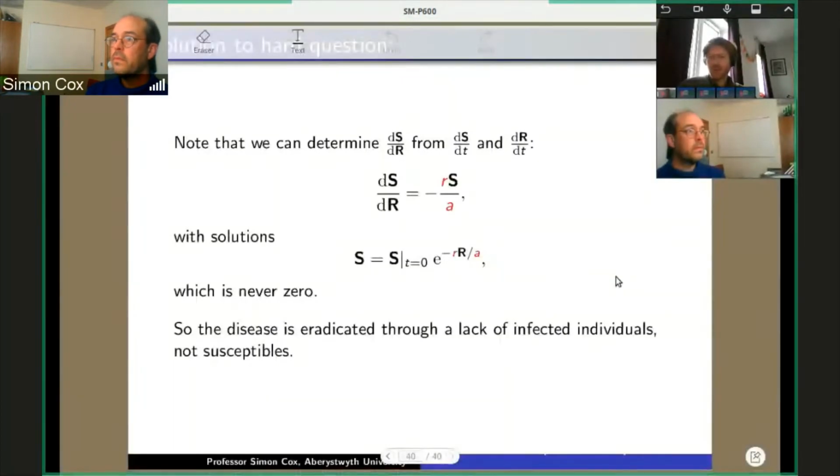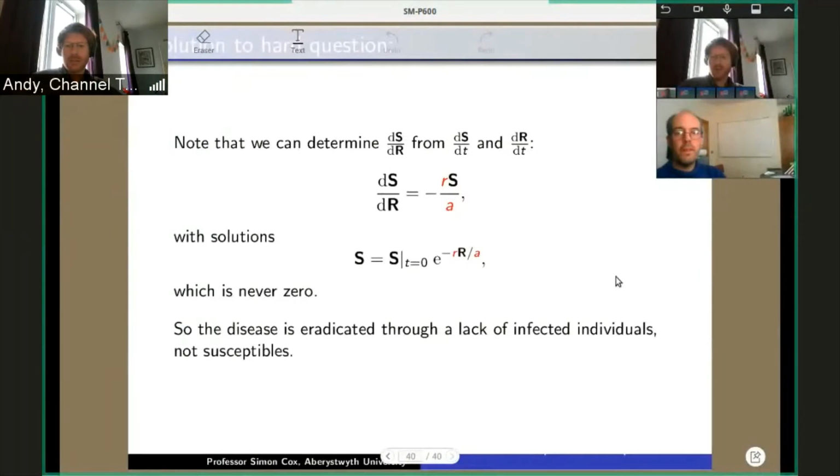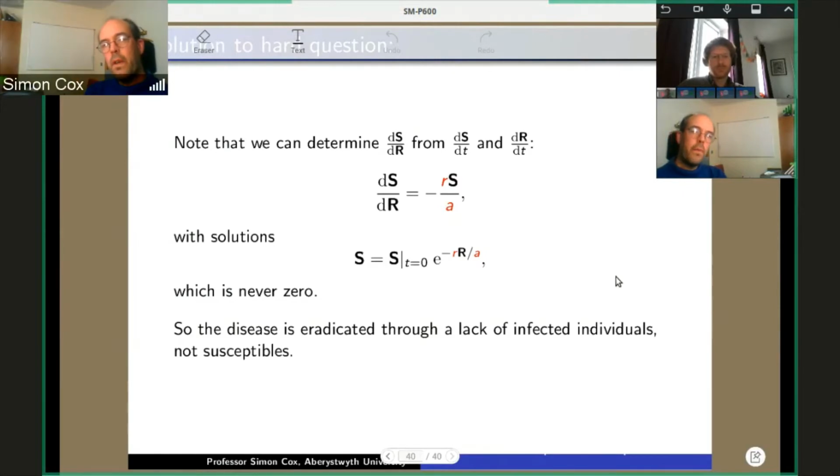And Cassie's asking, in order to study this, would you need any knowledge of biology, or is it purely mathematical? You do need knowledge of biology, and I haven't tried to estimate R or A, and I don't think I should. I think that requires biological input, or in this case medical input.